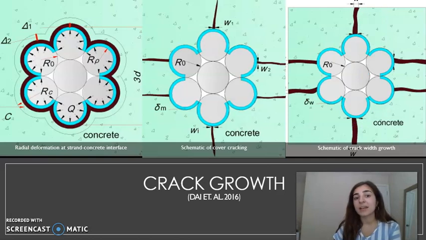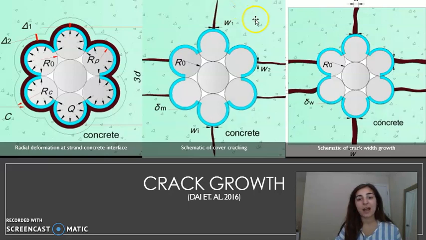So here's a schematic of a 7-wire strand and how corrosion can lead to cracks and crack propagation. First, in this figure on the left, you can see corrosion products building up around the strand-concrete interface. Since concrete is a composite material, this interface is a porous zone into which corrosion products can enter. In the middle figure, we have a micro crack that is formed once the tangential stress reaches the tensile strength of the concrete.